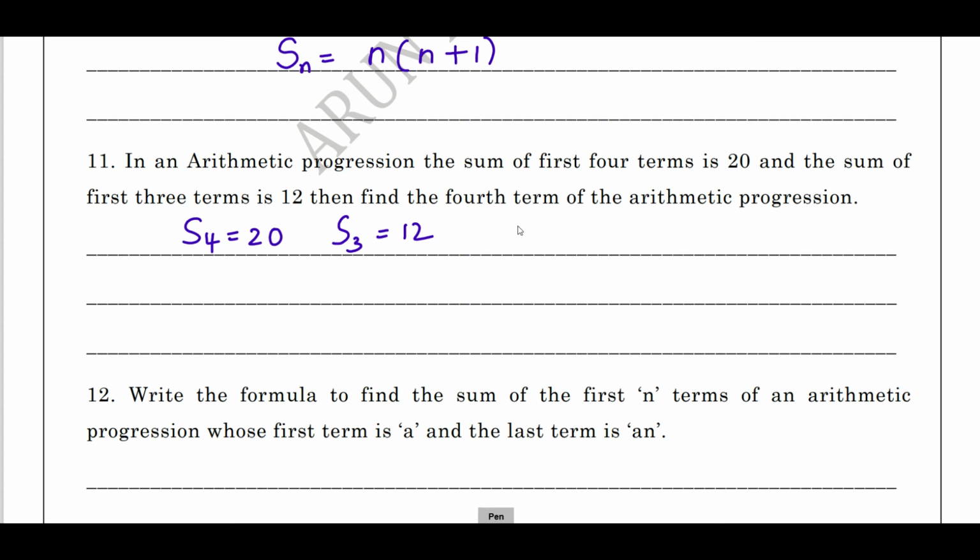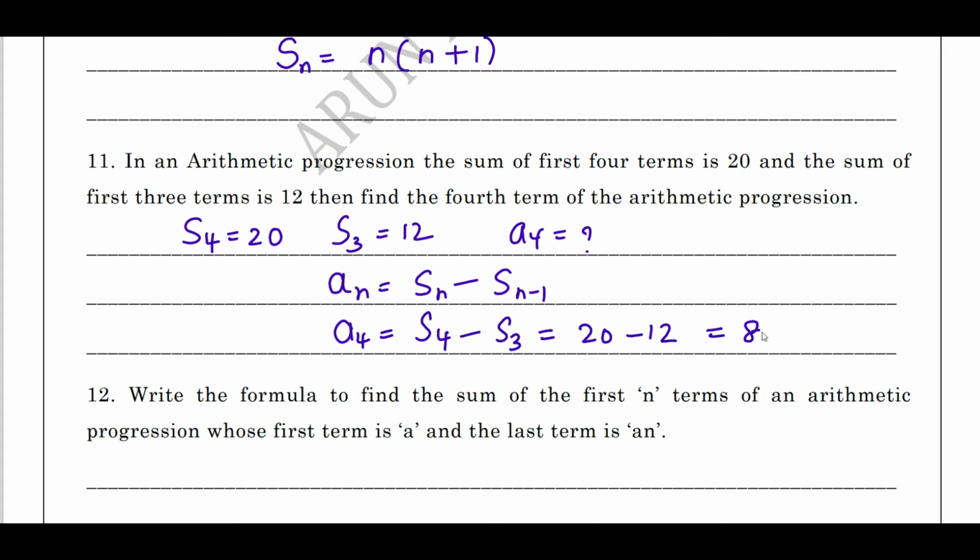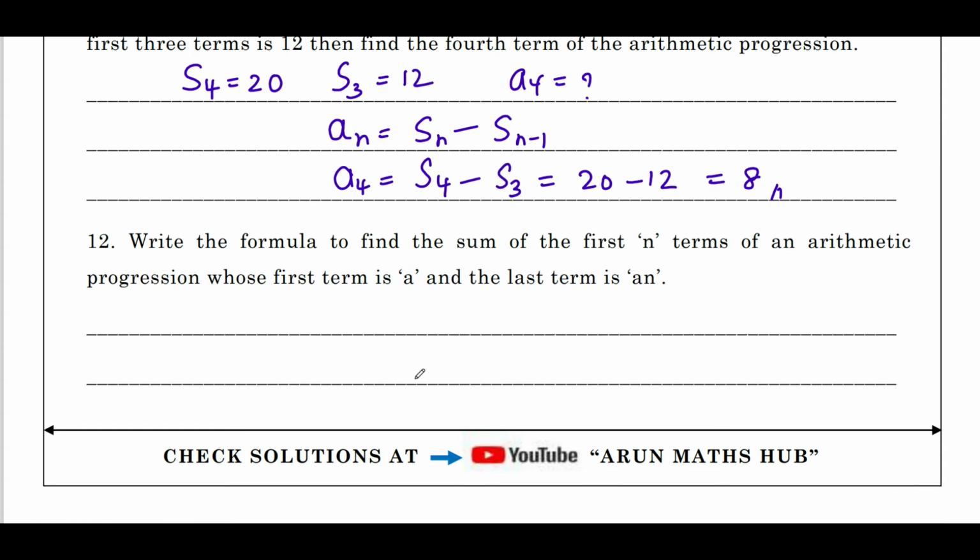Now we know the relation an equals Sn minus Sn minus 1. Now A4 equals S4 minus S3, that is 20 minus 12 equals 8. Therefore the 4th term is 8.